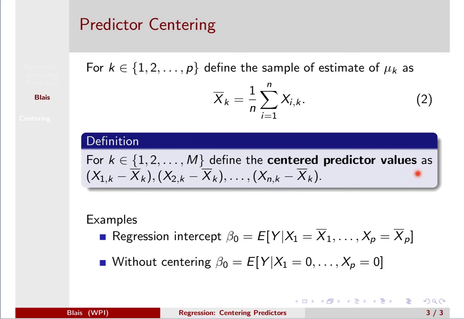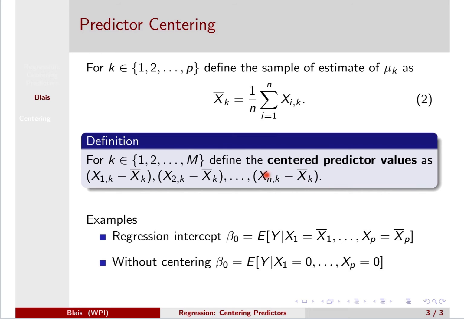And we then define the centered predictor values as the following. So think of k as being fixed here. We take each observation of that kth predictor and subtract that sample mean for xk.